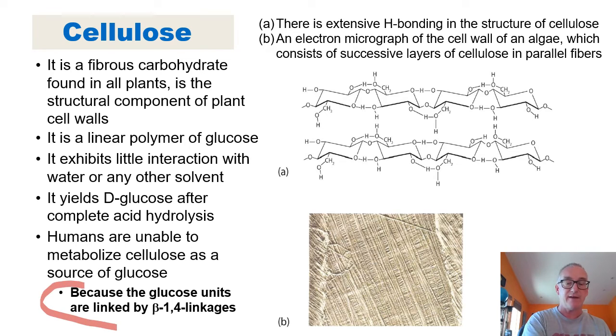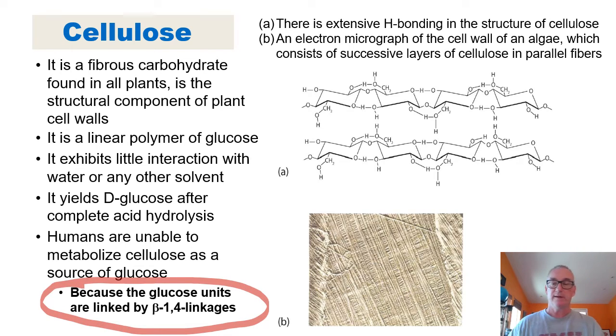And they're held together with beta-1,4 linkages. And so we don't have a lot of enzymes to break down beta-1,4 linkages in these long chains. We can break them down when they're in short disaccharides, but polysaccharides, we don't really have an enzyme that can do that. And so we can't digest cellulose.